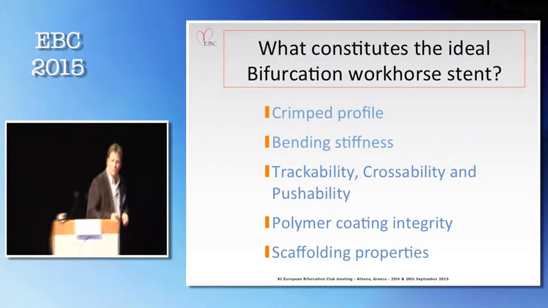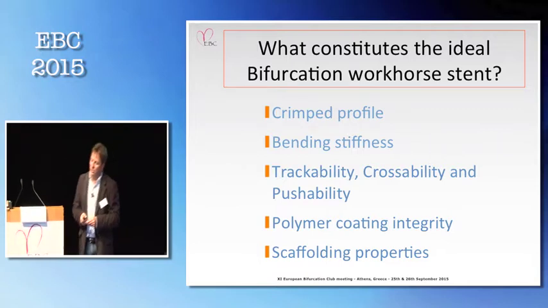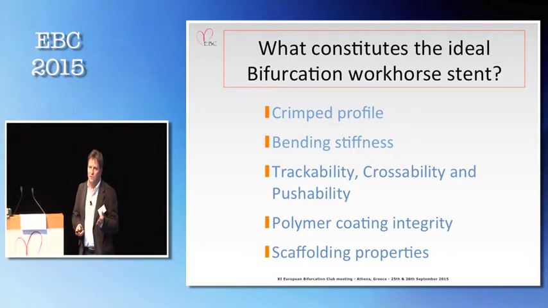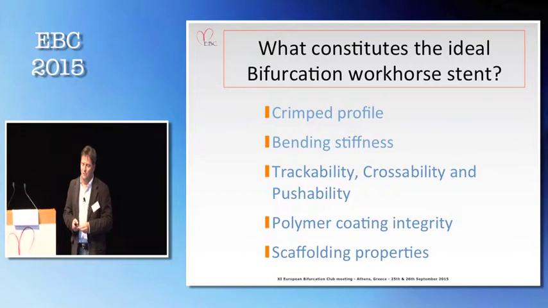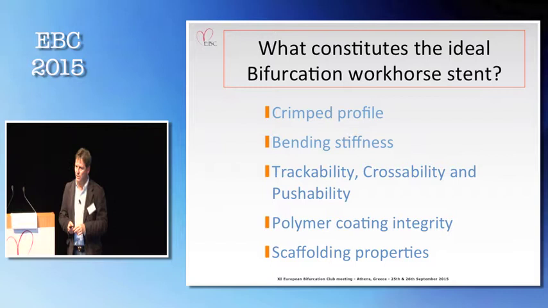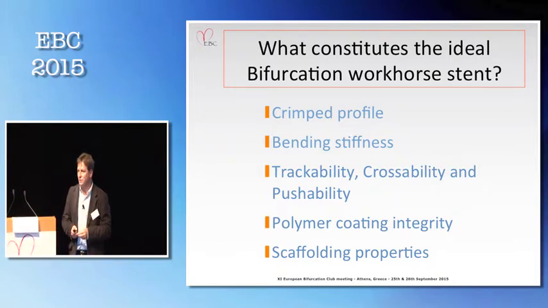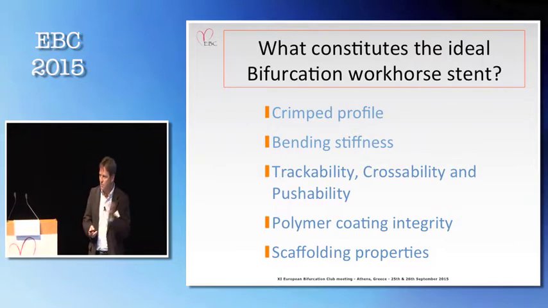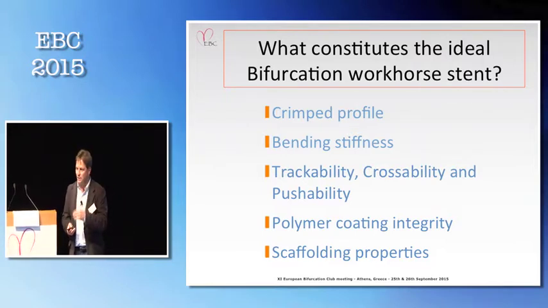What do we need when we do bifurcations? There are some characteristics of the devices, and some of them are the crimp profile, how is the diameter when we need to cross lesions and need to cross stent struts. What is the stiffness if the vessel is tortuous and you need to have a bend pretty close to 90 degrees through a stent?